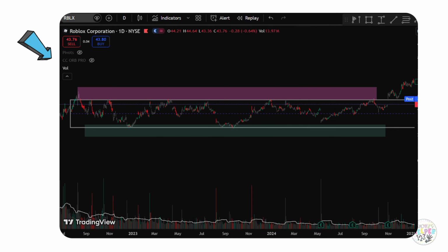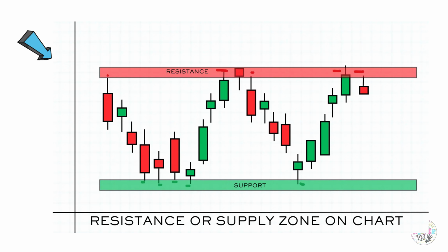Okay, so as you can see, we have points that touch: 1, 2, 3, 4, 5, 6, and 7. And then our support zone at the bottom, 1, 2 times. So the more points, the stronger. That's why traders focus on areas, not perfect numbers.